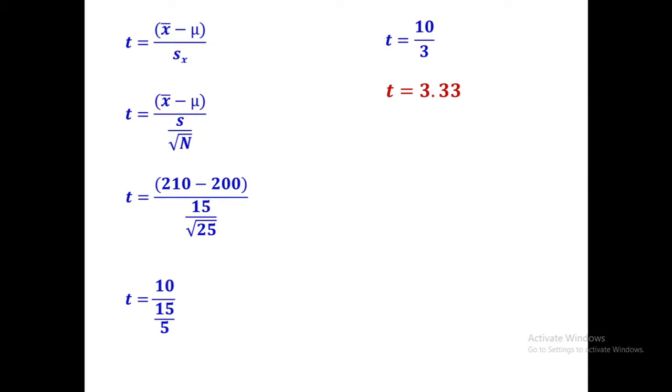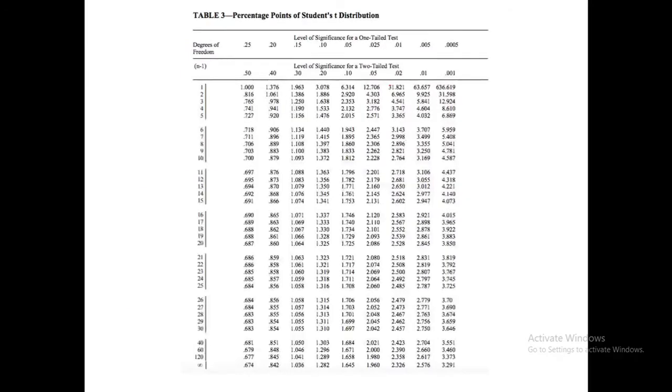Now we have to find out the degree of freedom, which is equivalent to total observation minus 1. That's why it will be 25 minus 1 or 24. Now we will check the tabulated value. As we know, the degree of freedom for this question is 24 and the significance level is 0.05.